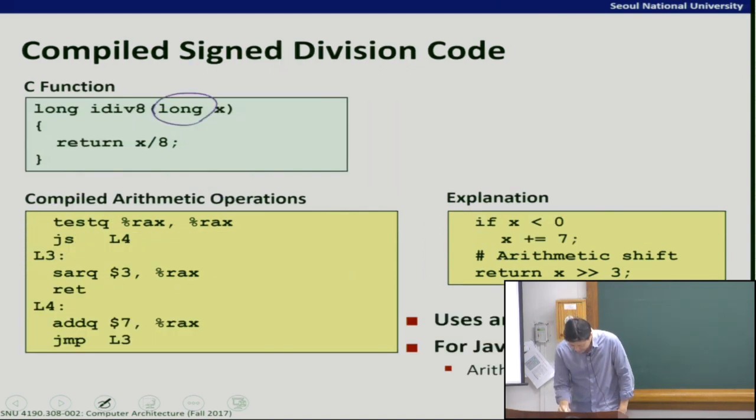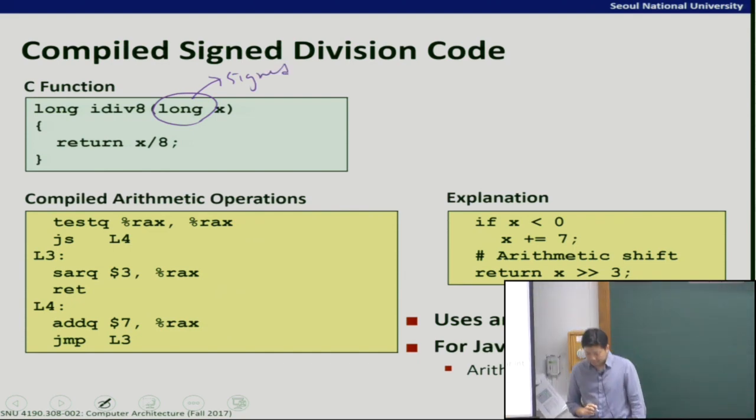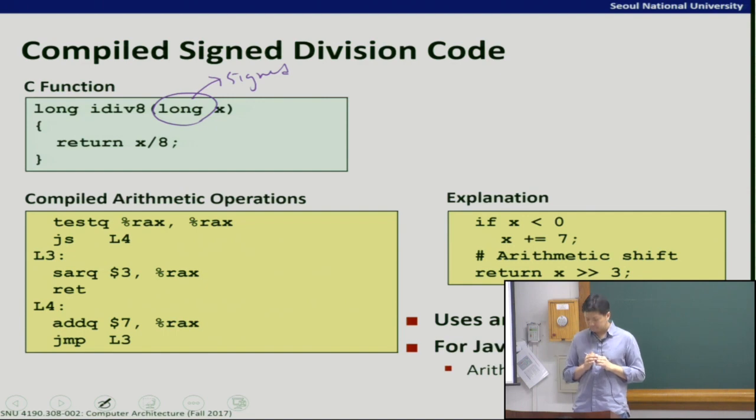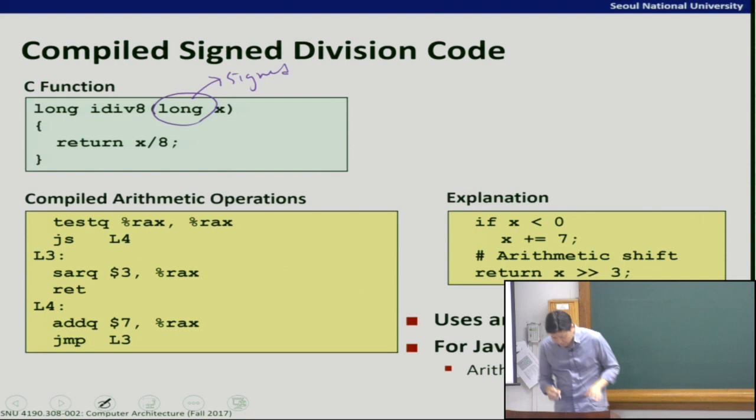In contrast, if you take a signed number, for a signed number you have to use an arithmetic shift, because it may be negative. There are two shift instructions. This is SARQ, which is the arithmetic shift.